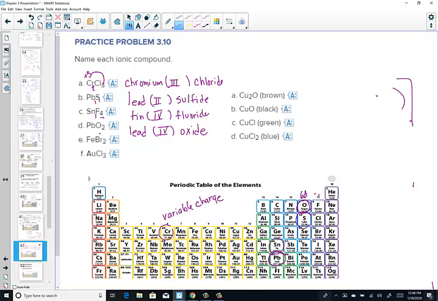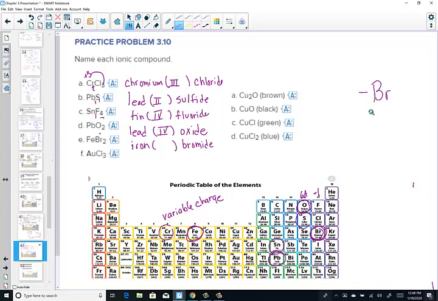Fe stands for the element iron. Fe is right here on your chart, so that's iron. I'm going to leave the parenthesis because iron has a variable charge and thus requires the Roman numeral. It's hooked to bromide. You see bromide here in group 7A, knowing that it's a -1 charge.